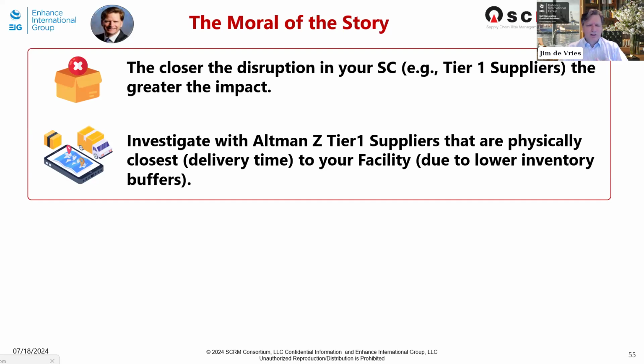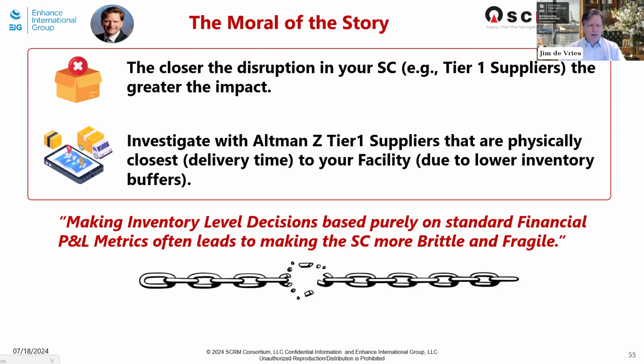the time to delivery is that buffer that you have in your tier N suppliers. So the further they're away, that buffer actually somewhat aids in minimizing the impact of losing that supplier for some period of time.